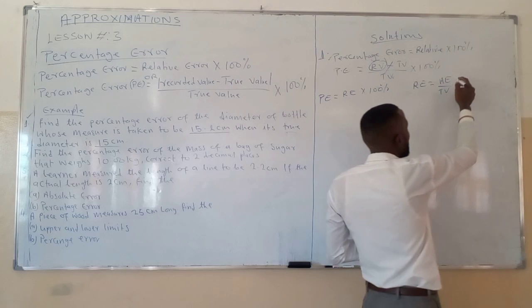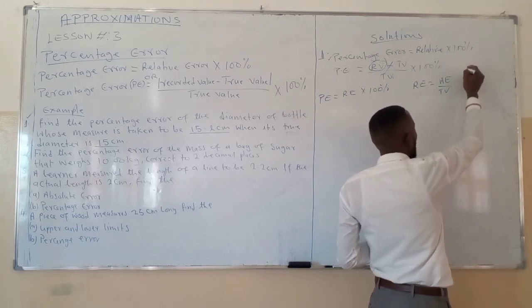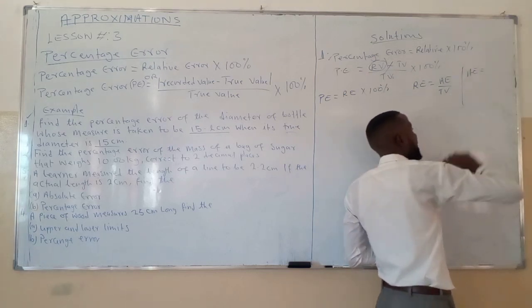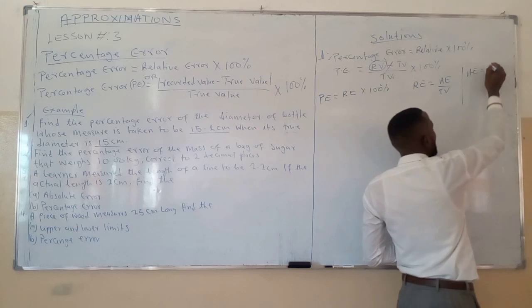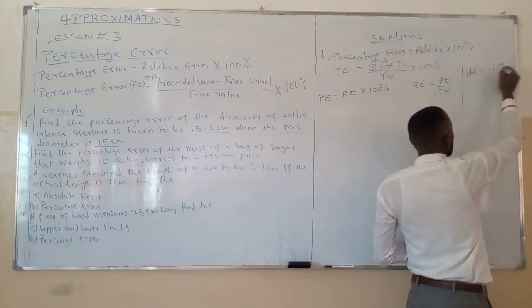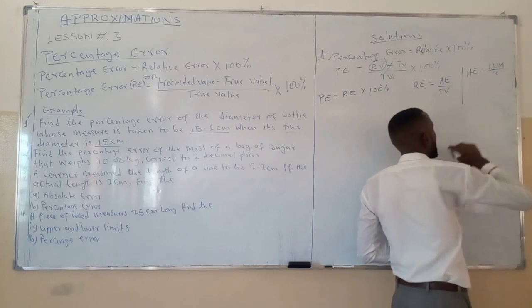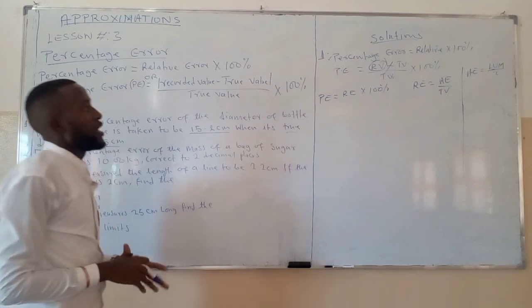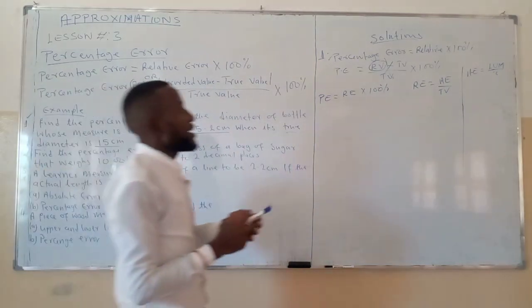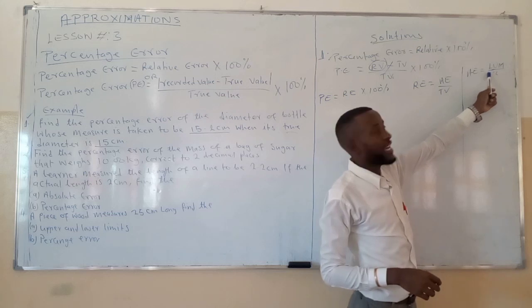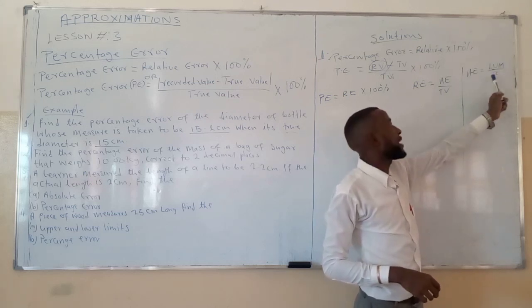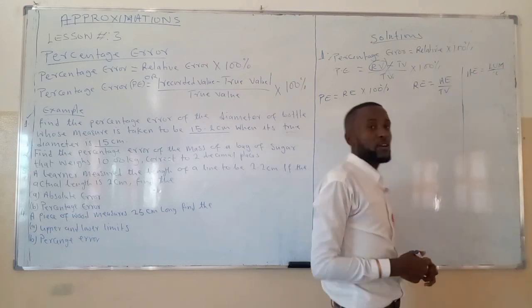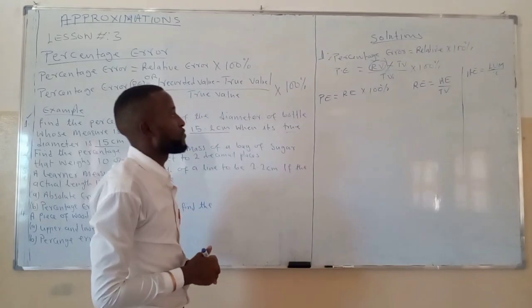So in this scenario, we need to find our absolute error again. How do I find the absolute error? It is simply LUM divided by 2. Remember, LUM is a short way of writing least unit of measurement. So we need to find the least unit of measurement, then we divide by 2. So what is my LUM?